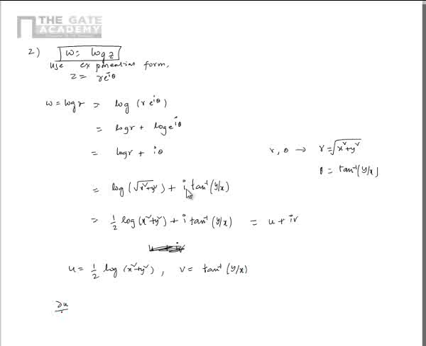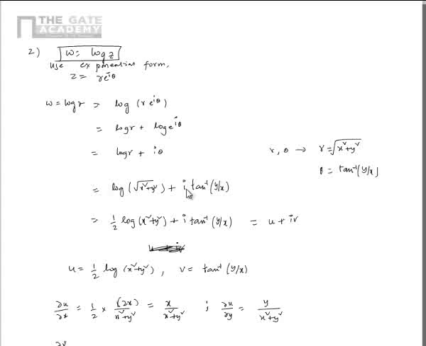So dou u by dou x: let's differentiate half log of x square plus y square, into 2x. It will be x by x square plus y square. This is a continuous function. Similarly, because it's symmetric in x and y, dou u by dou y will be y by x square plus y square.